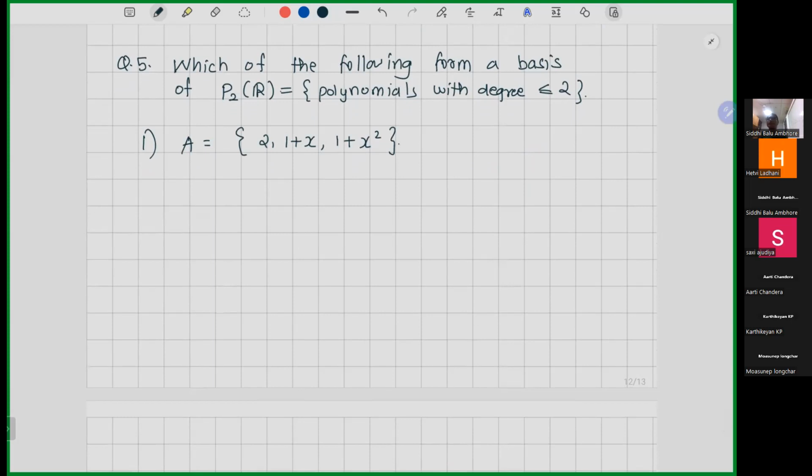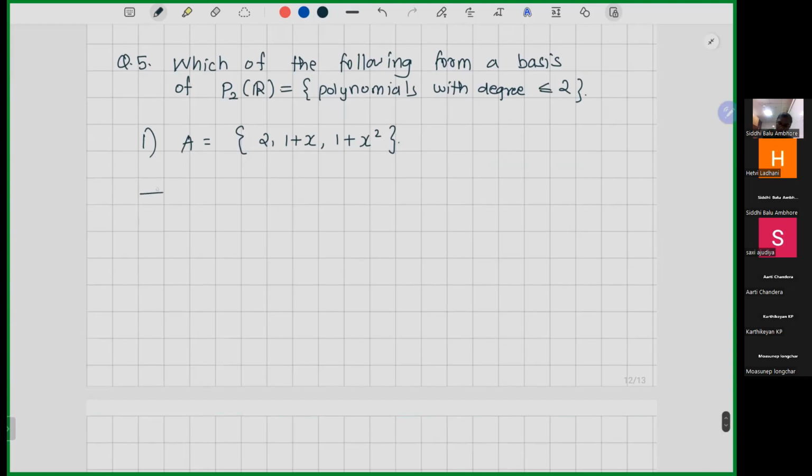And what is your guess? Whether this is a basis or not. So first of all, understand that P2R has the standard basis 1, x, x square, right?